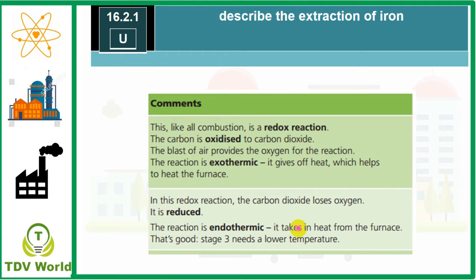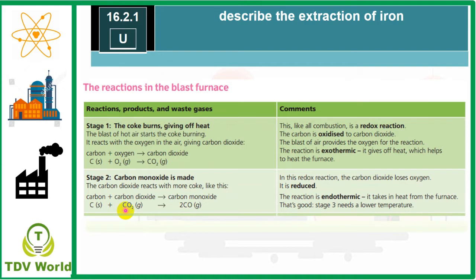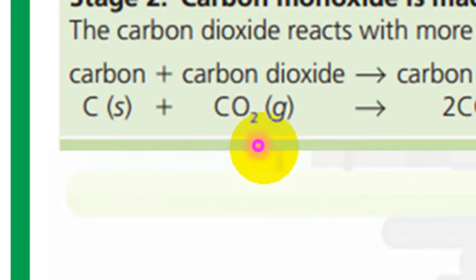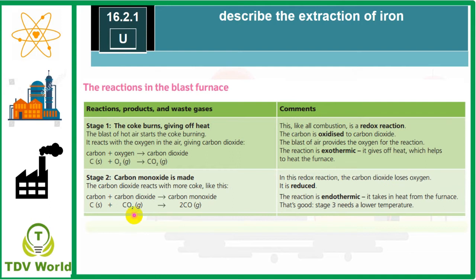In this redox reaction, the carbon dioxide loses oxygen. It is also a redox reaction, something you have to memorize. The carbon dioxide loses oxygen. It is reduced. You see here, carbon dioxide loses oxygen. And loss of oxygen is what?